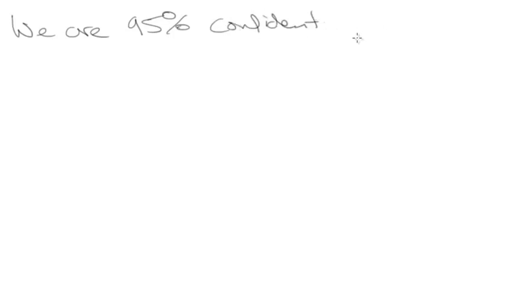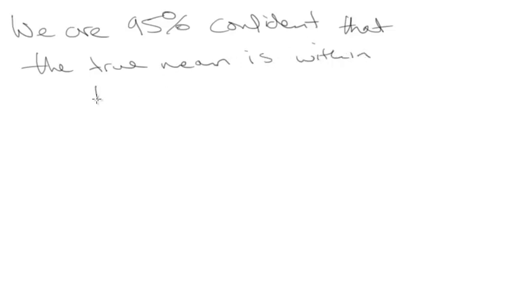To be 100% confident, I'm 100% confident it's somewhere between 0% and 100%. You may notice that's not very helpful, but we are 95% confident that the true mean is within 1.96 square root of pq over n.